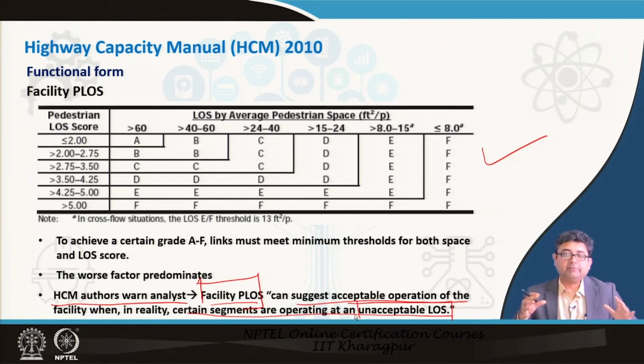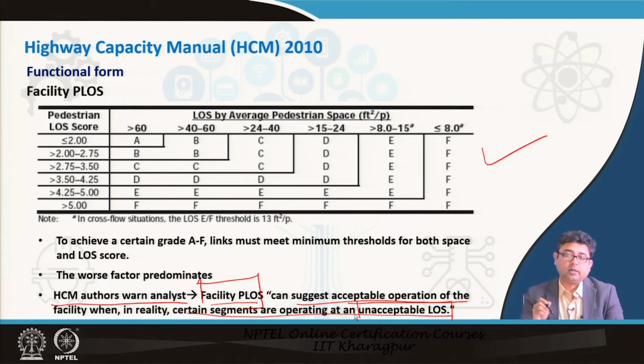So, if you are looking at it at a facility scale, then you may not get a realistic understanding of the micro pedestrian level of service offered by individual links and intersections in that facility.